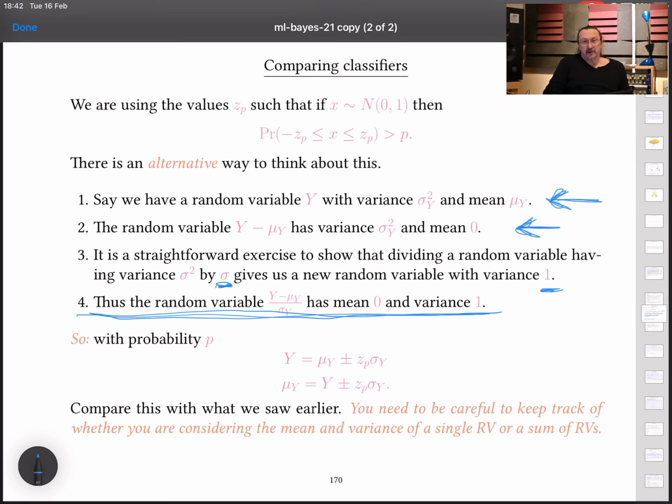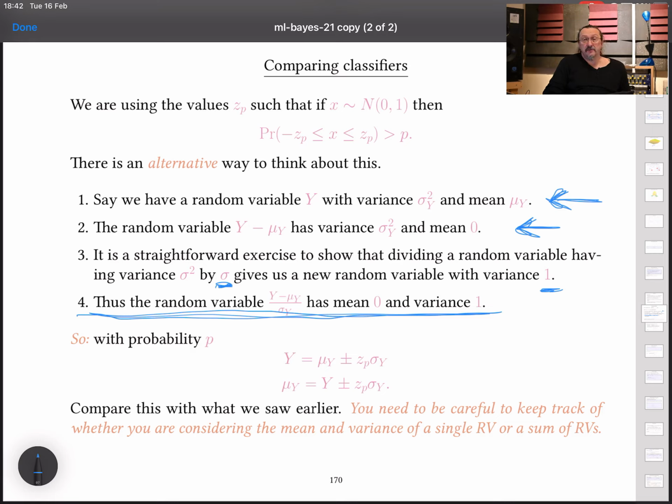Now we can still apply the same arguments as before, in terms of then finding a band that puts the random variable within some known interval around its actual mean.